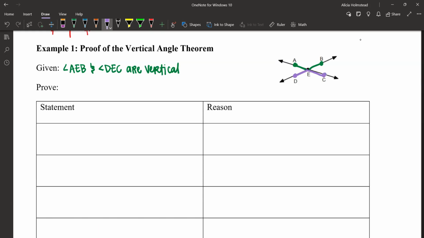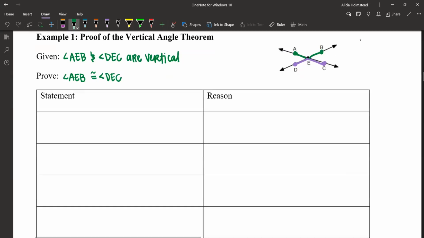They're across from each other. And we want to prove that angle AEB is congruent to angle DEC. Okay, so we don't know that they're congruent yet. We're going to prove it.